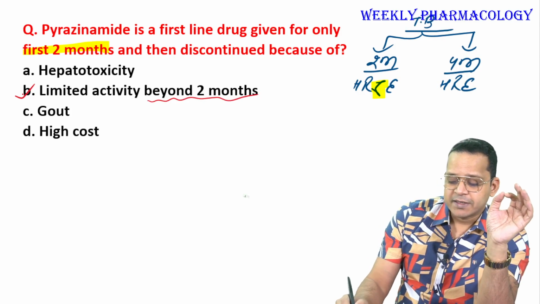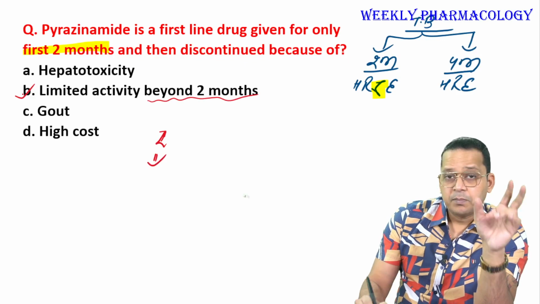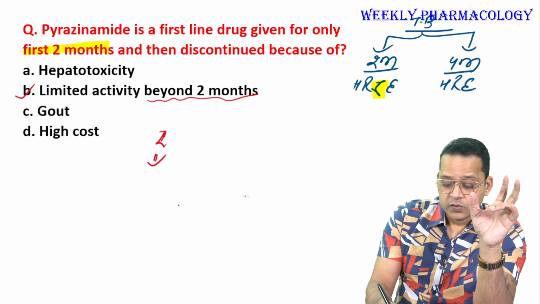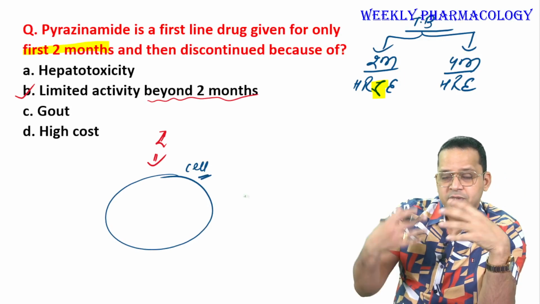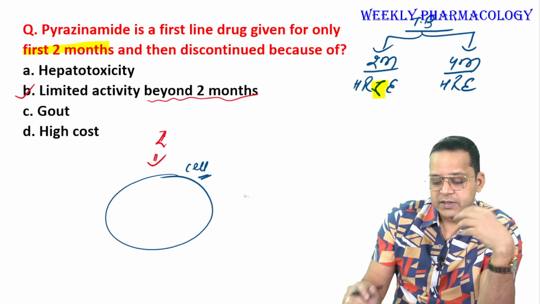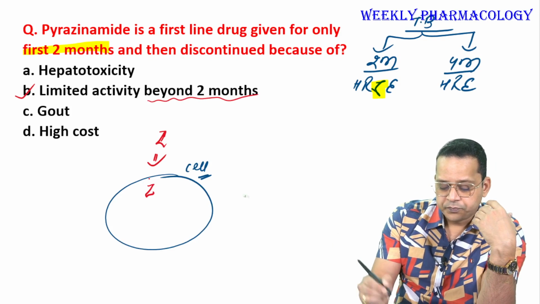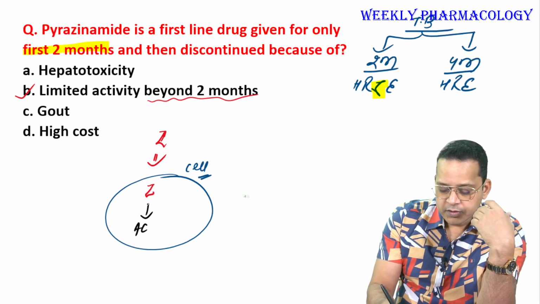The reason being, see, pyrazinamide is a drug. Whenever it goes inside a cell, say one of the respiratory epithelial cells in my lungs, pyrazinamide must be activated.